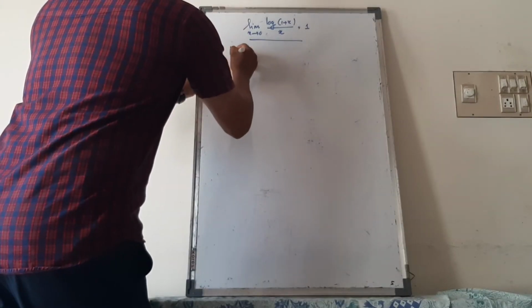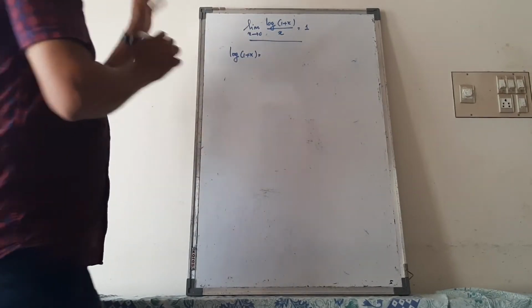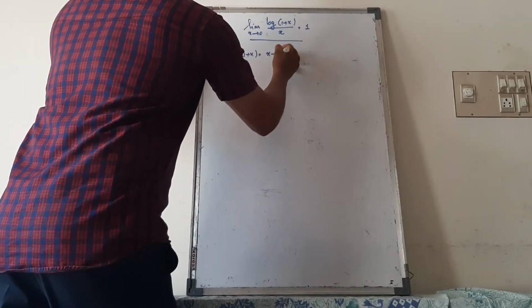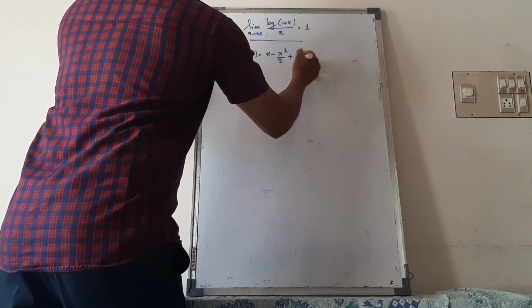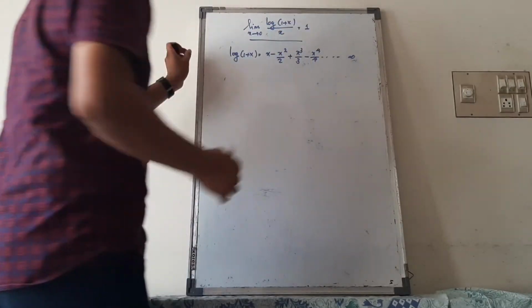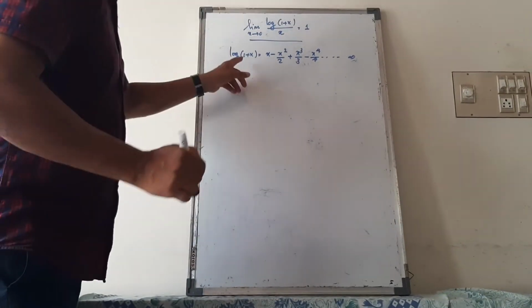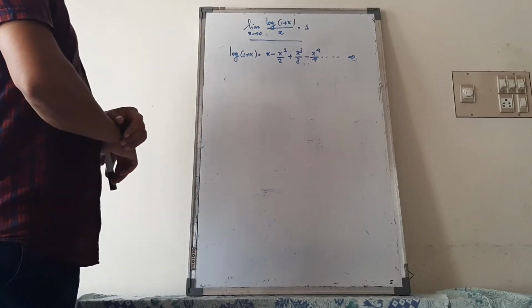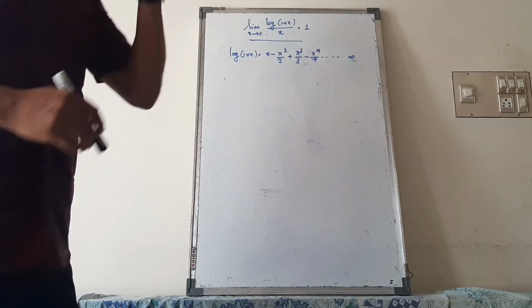You know, log 1 plus x is a series, that is, x minus x square by 2 plus x cube by 3 minus x raised to 4 by 4 and so on to infinity. This series is called the logarithmic series, which is denoted by the symbol log of 1 plus x. These two series, exponential and logarithmic series, already exist in your class table.